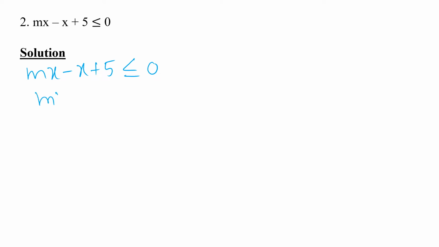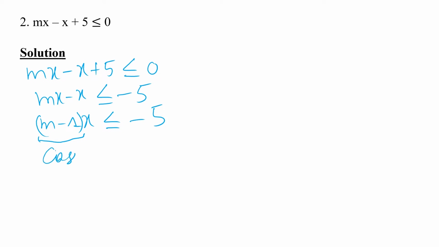We have mx minus x. We take this 5 to the other side, it becomes negative. Then we put x out of brackets. Here we get m minus 1 times x, which is less than or equal to negative 5. And now we have the coefficient of x, which is m minus 1.